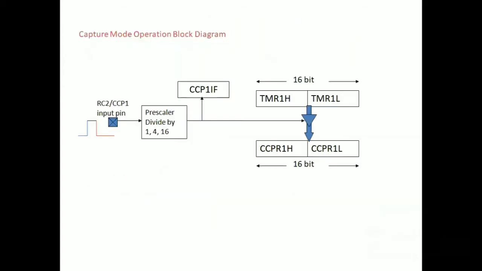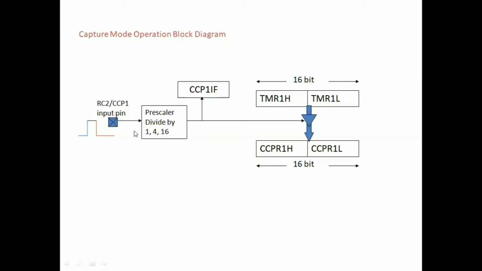The operation of this CCP module in the capture mode is explained in this block diagram. You can see here we have RC2/CCP1. This is port C pin number 2 of the PIC microcontroller that acts as the CCP module pin.